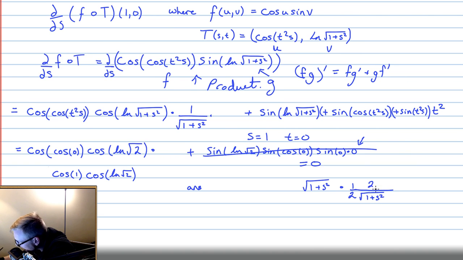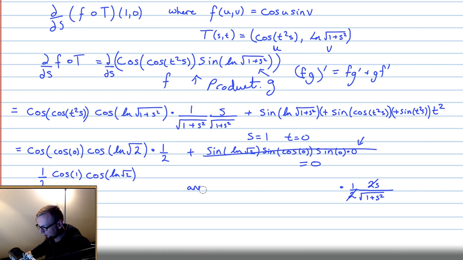Then times 2s. So we would have these two cancel out. And now we would have 2 of these on the bottom. So this is our problem. Should have square root of 1 plus s squared and then an s on top. Then it becomes just 1 plus s squared, which is where we get our 1 over 2. Knew we'd figure it out when we saw it. Brilliant!